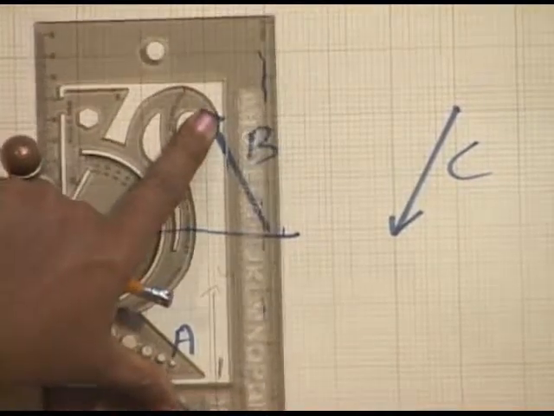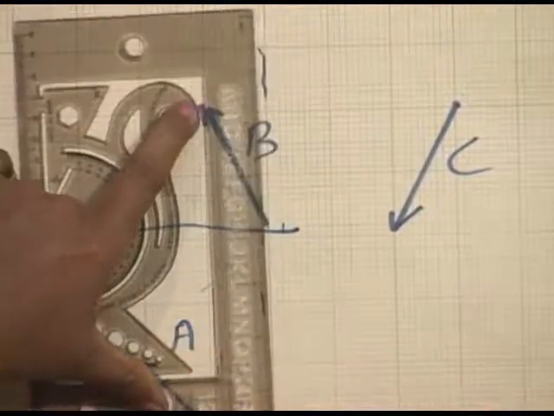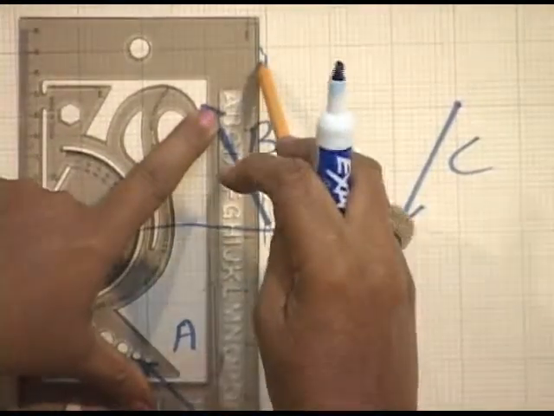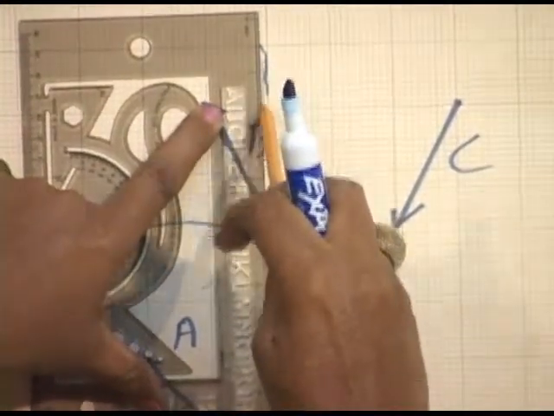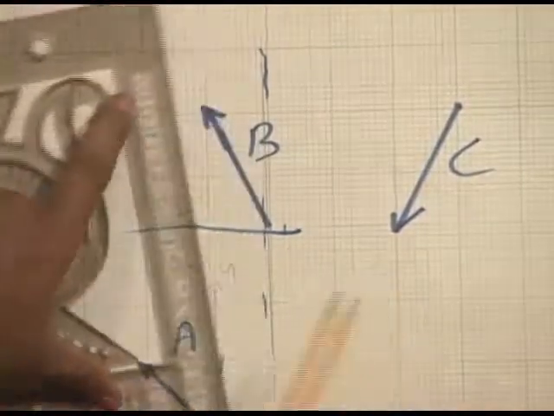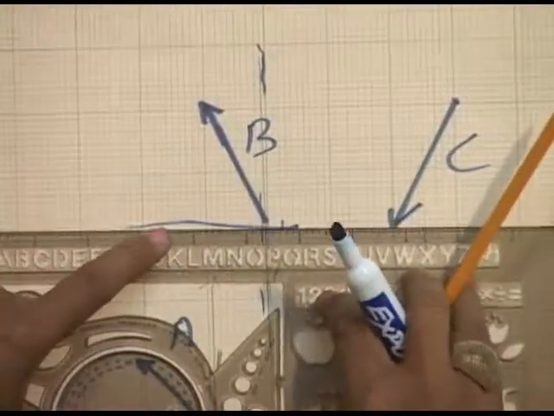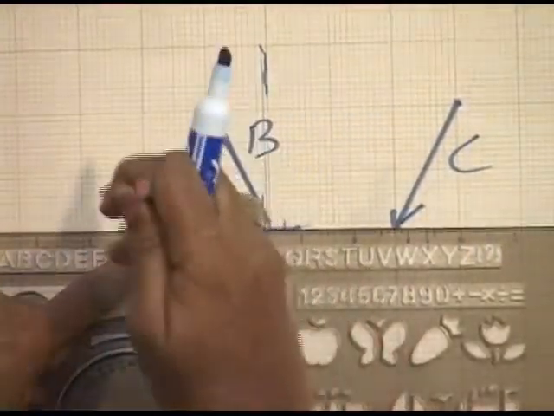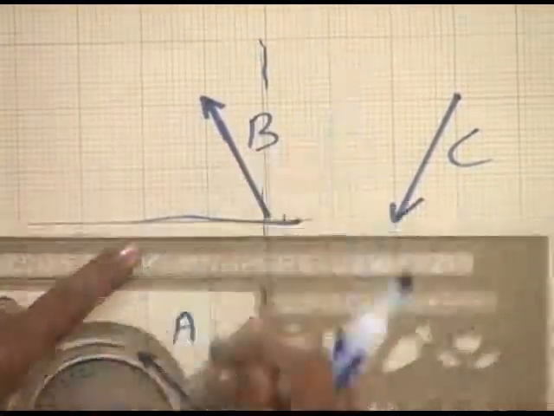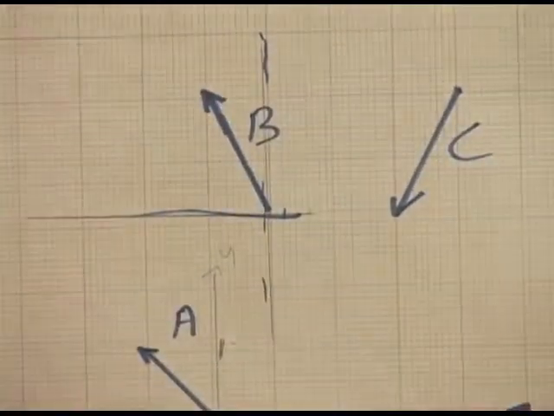So we're going in a negative direction. Okay, and the horizontal position here, that's in a negative direction.